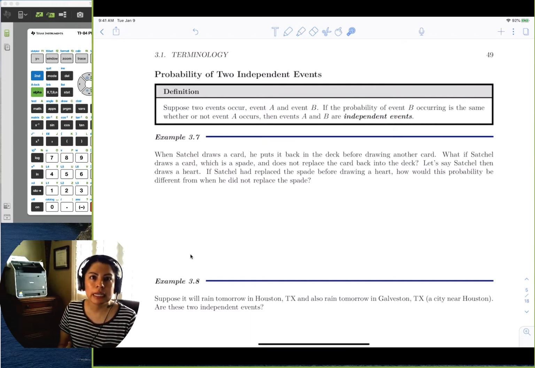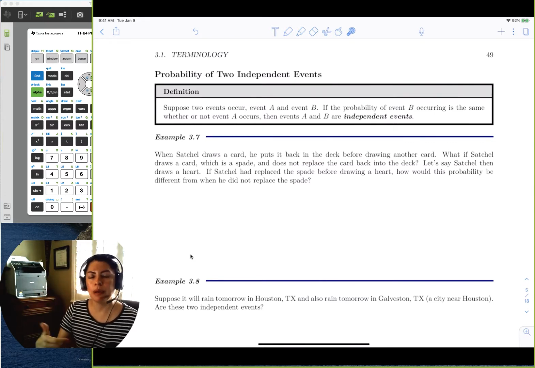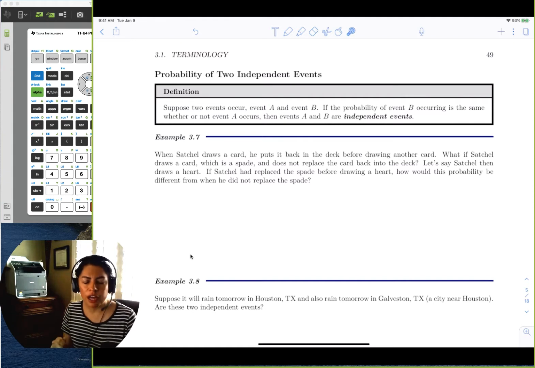Let me give you an example. If I wanted to roll a six-sided die and I rolled a 4 first, on the second toss, will what it lands on be affected by me rolling a 4 first? You're like, well, no. Oh, well, you would blow on it for good luck, right? No, but just think of it logically.